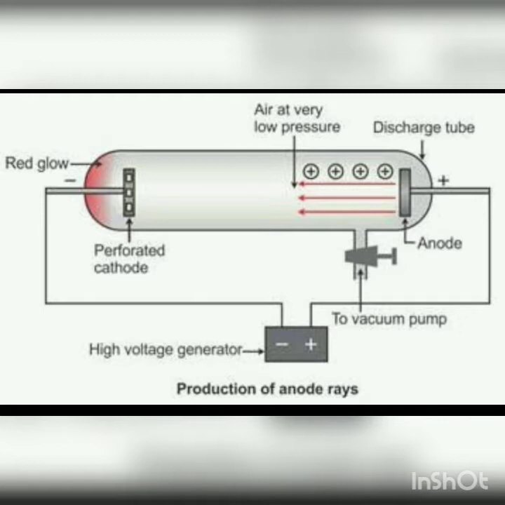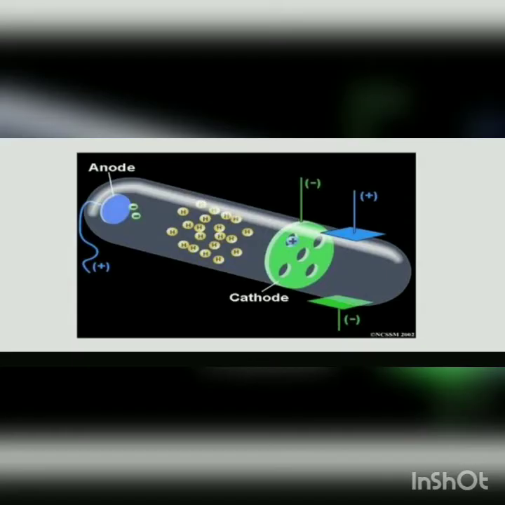Now let's revise what actually happened during the experiment. In this experiment we have taken two electrodes, cathode and anode. But we have taken a perforated cathode, meaning a metal plate which has holes in it. These holes are known as canals. Within the space between anode and cathode, hydrogen gas is filled.